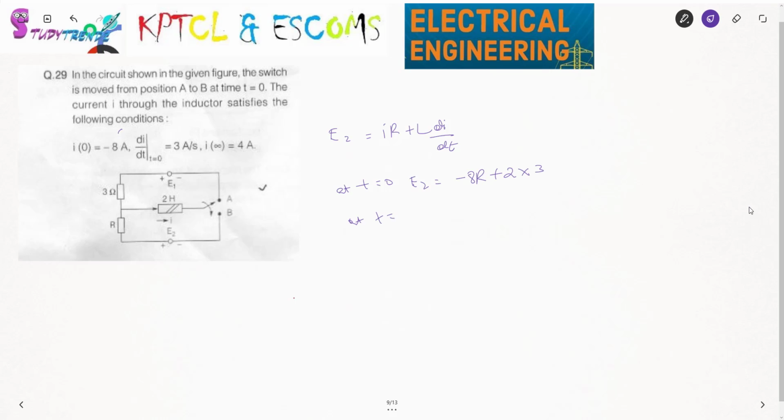At t is equal to infinity, that is when the switch is at position B, E2 is equal to 4 into R. So from 1 and 2, R is equal to 0.5 ohms, right? Next question.